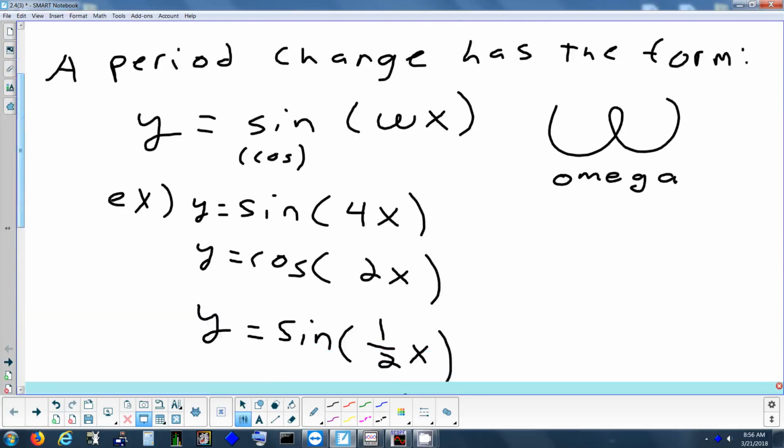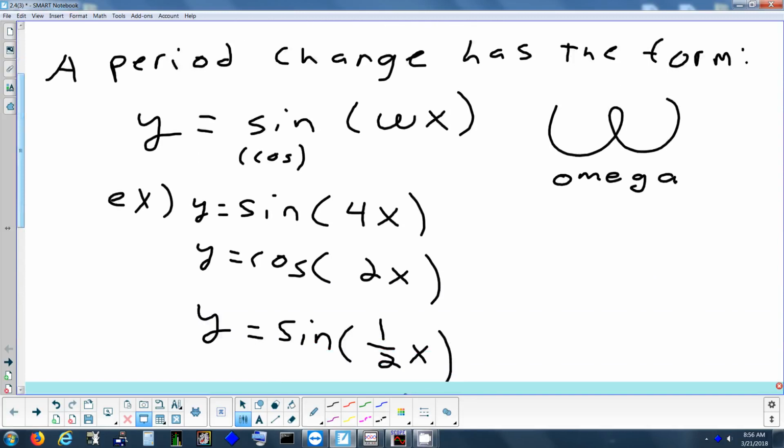A couple of the examples I have right here will cause the graph to compress. There's another one up here that will cause it to stretch. And we have to remember that there's 2 transformations that do the opposite of what we would expect, and there's 2 that do what we would expect. The ones we did yesterday were what you would expect. When you put a plus on the end of a number, it did shift up. When you did minus, it shifted down.